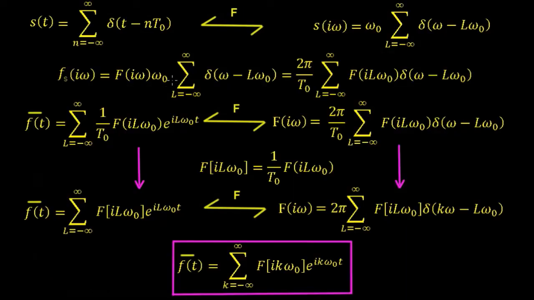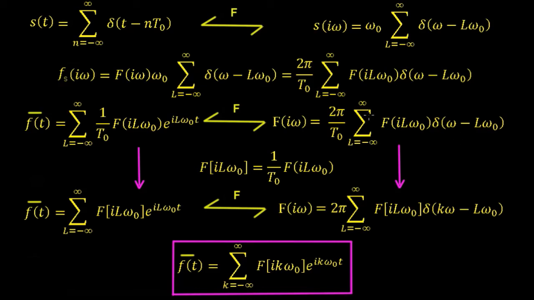Now we know that the value omega naught can be written as 2 pi upon t naught. Also, our function F of i omega only exists at discrete points along the omega axis, that is, they're given by the points l omega naught. So this is actually a function of i l omega naught, and we can take that inside the summation term here.